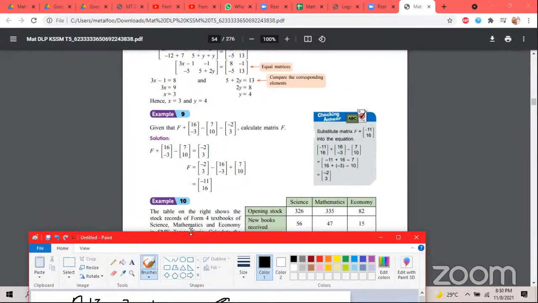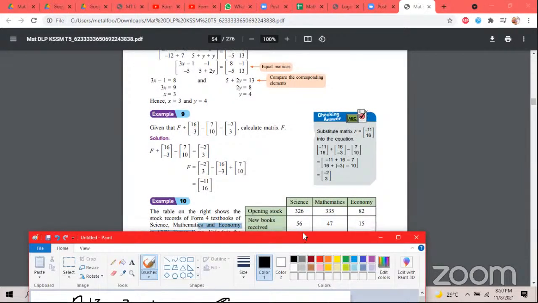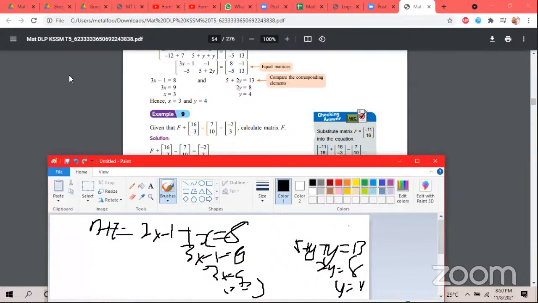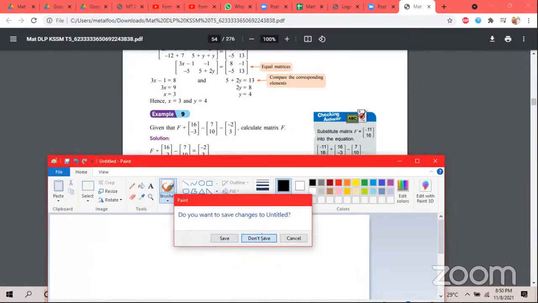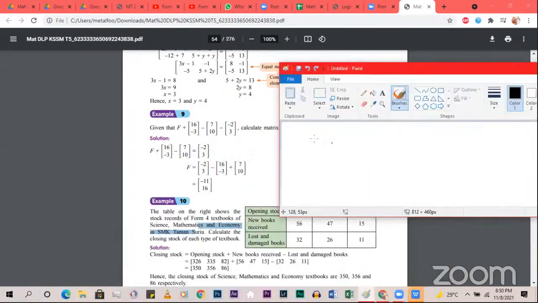All right. For example 9, given that F plus 16, 3 minus 7, 10 minus -2, 3. Calculate matrix F. So how do I do that? You just move everything to the right hand side.